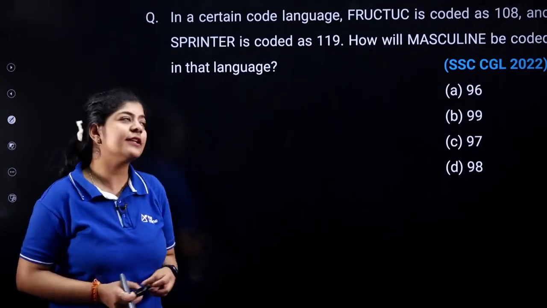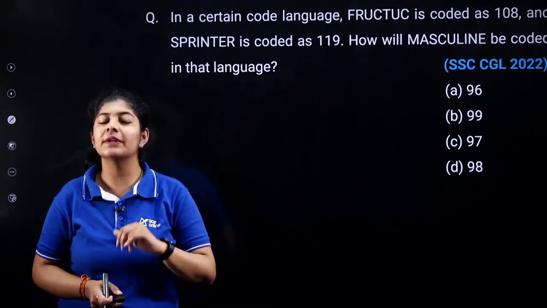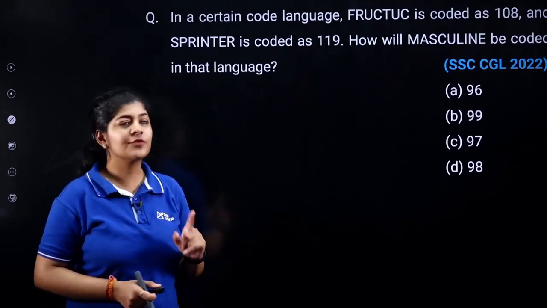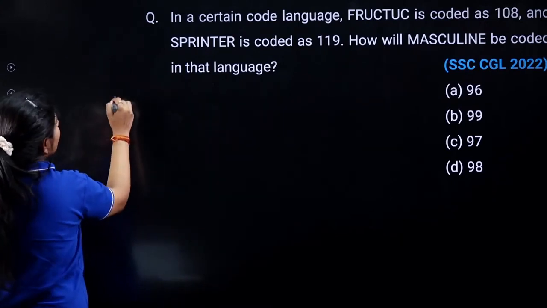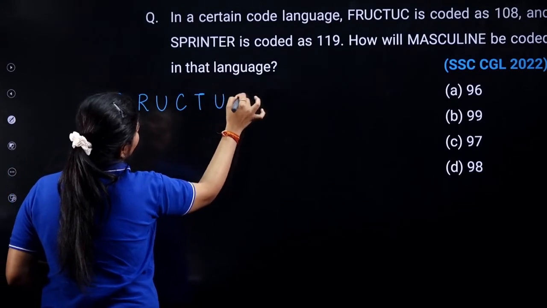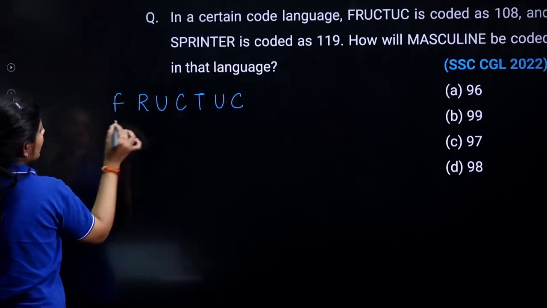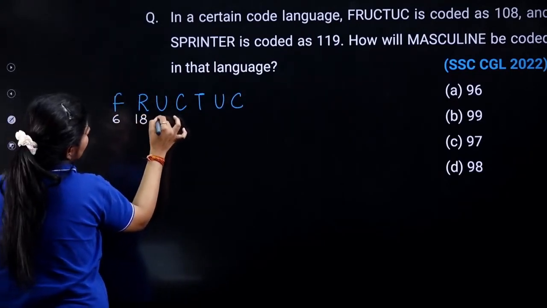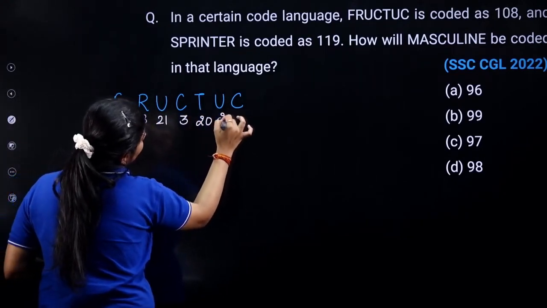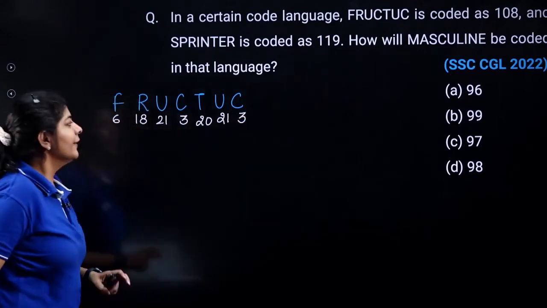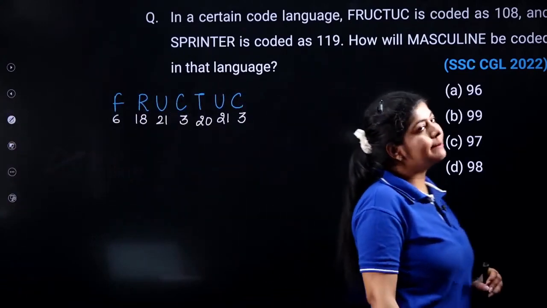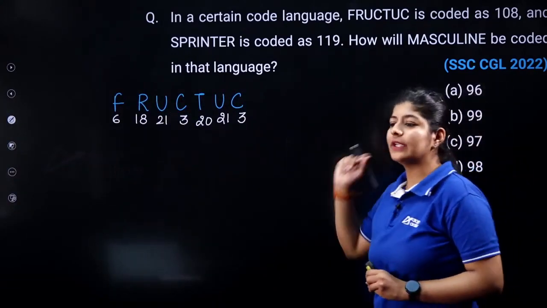If you know the associated numbers of each and every letter, you can easily determine the pattern. Just for the clue, I am writing the associated numbers of the first word. F is associated with 6, R 18, U 21, C 3, T 20, U 21, 3. With the help of this, just determine the pattern and apply the same pattern to the given word and you will get your answer.